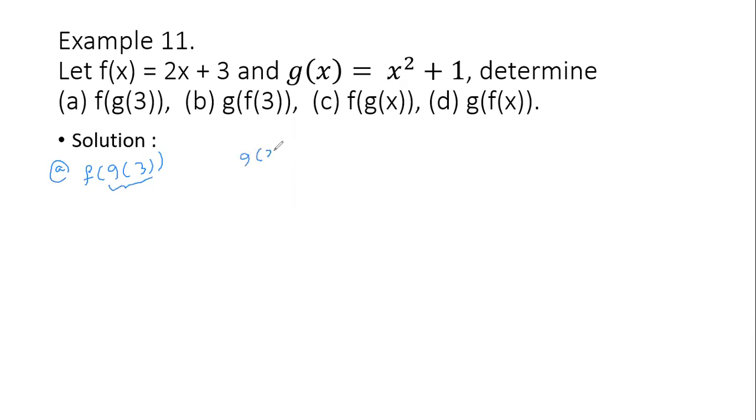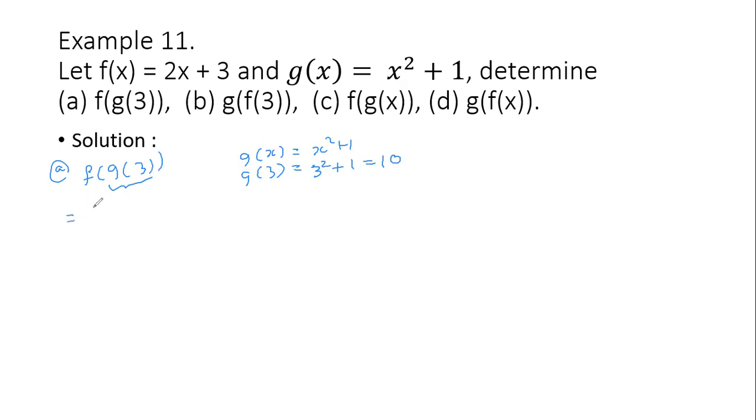We are given g of x equal to x squared plus 1. Therefore, g of 3 equals, substituting 3 for x, 3 squared plus 1. 3 squared is 9, plus 1 is 10. G of 3 is 10.